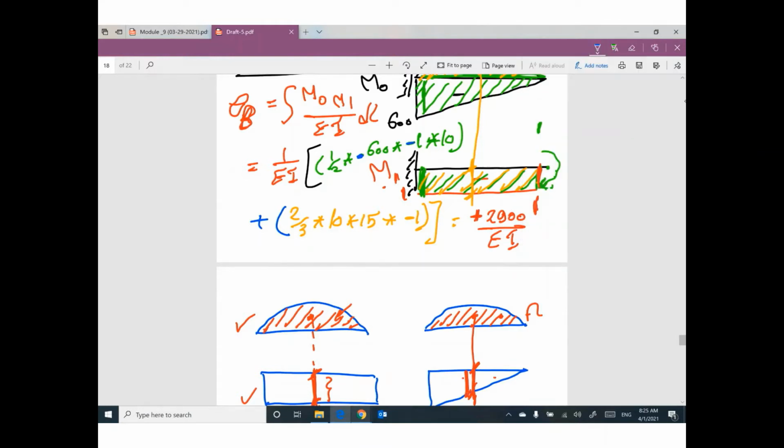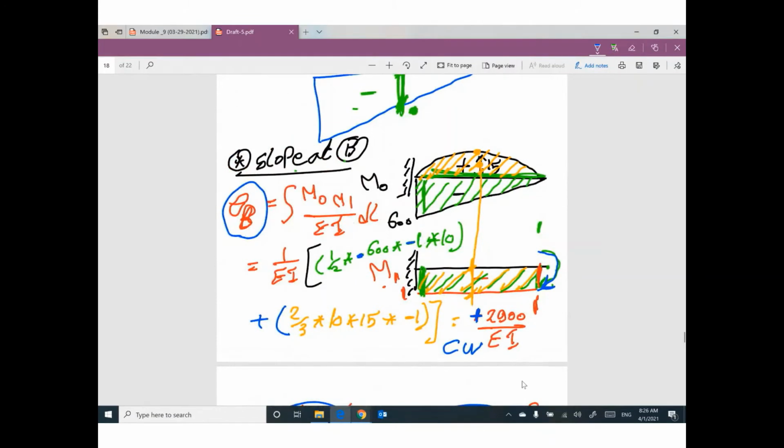The value of theta at B equal to positive 2,900 divided by EI, what is the meaning of positive? It means you assumed this unit moment correctly. I assumed it clockwise. It's correct. Clockwise rotation. That makes sense?